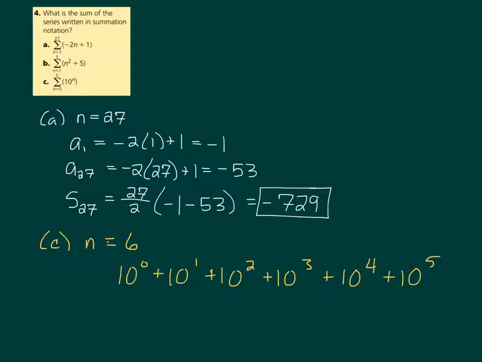They're messing with our minds a little bit here, but that is 1 plus 10 plus 100 plus 1,000 plus 10,000 plus 100,000. All that series does is it puts a 1 in every single spot. It's 111,111.